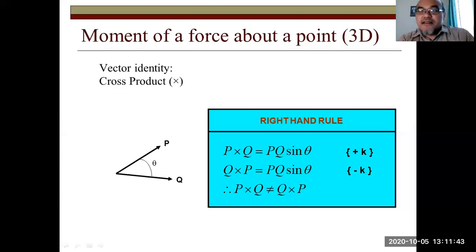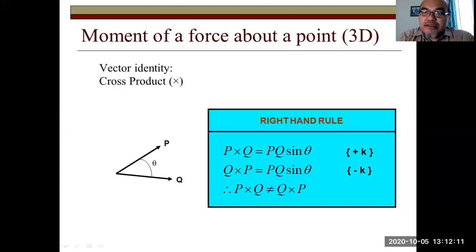That is why in this case, even though the magnitudes of the two cross product results are the same, their directions are not the same. Their directions are opposite each other. And in vectors, direction also plays a role. So in summary, P cross Q is not equal to Q cross P. This is something we have to take into account and be careful about when we calculate the cross products of any vectors.